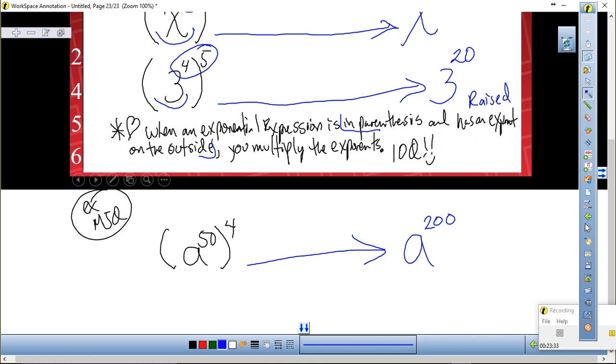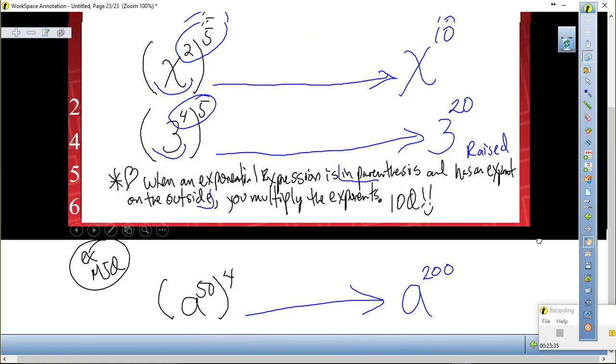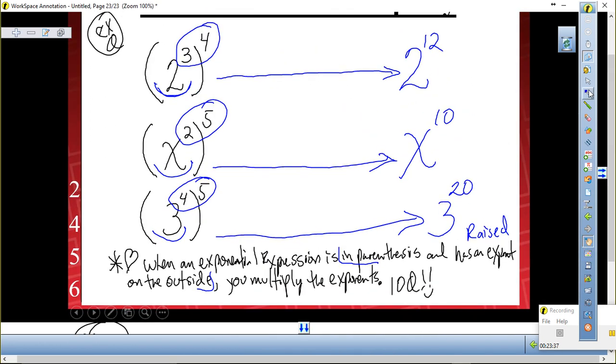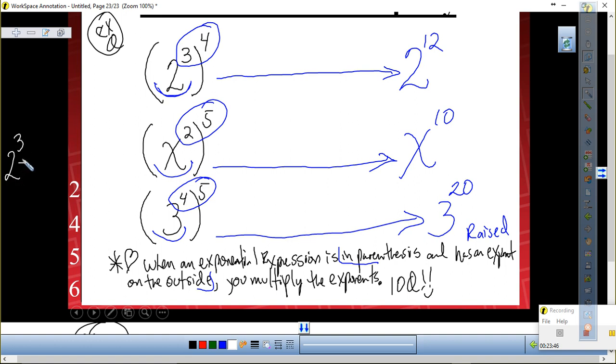All right, so now let me go back really quick so you can see why this works. Look up, please. Put your utensils down. Before I show you the example, 2 to the 3rd power is the same as 2 times 2 times 2. Is that correct? Now, 2 to the 3rd power to the 4th power.